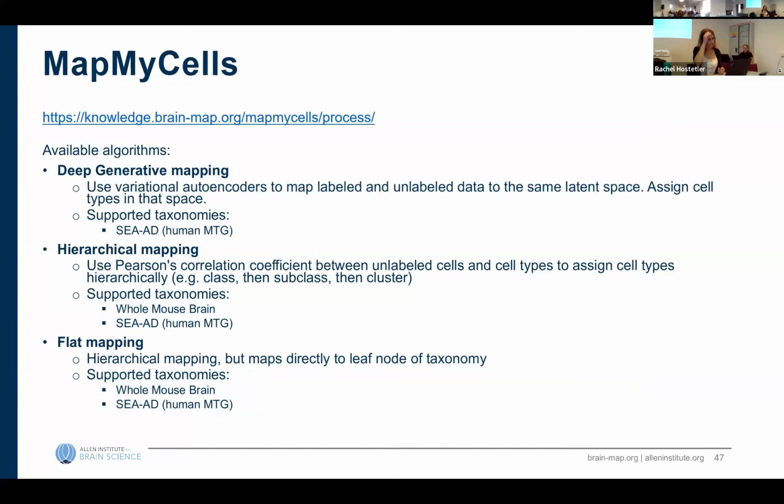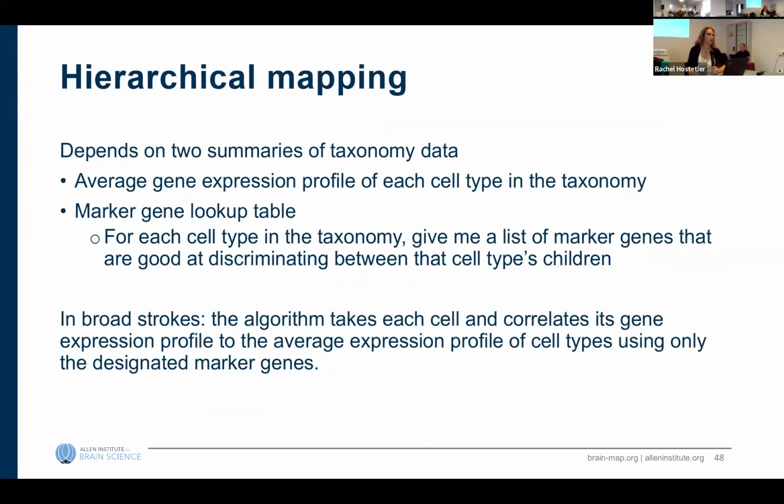And so what is it doing? There are a number of different algorithms that were created by our data and technology team for this mapping, depending on the taxonomy that it's being mapped to. We have our deep generative mapping, our hierarchical mapping, and our flat mapping. I'll briefly talk about how the hierarchical mapping works in this algorithm, and this is also available on our GitHub.